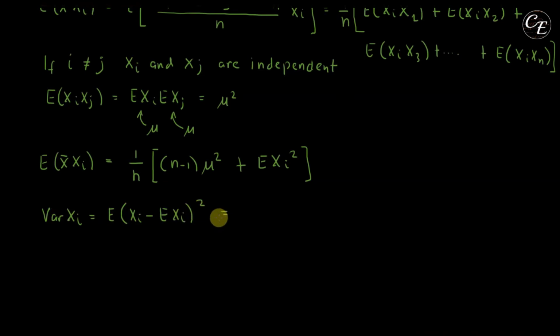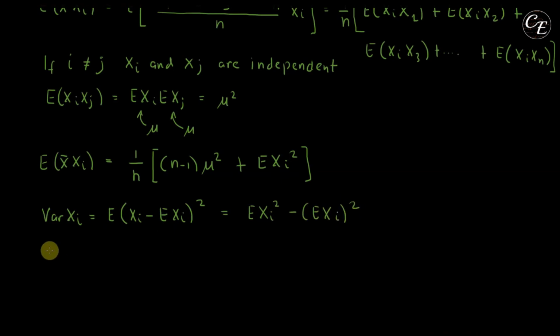We have a simpler formula for this population variance, which is derivable from this when this term is expanded because of the square, and then applying this expectation to its terms. The simpler formula for this population variance is expectation of x sub i squared minus the square of expectation of x sub i.